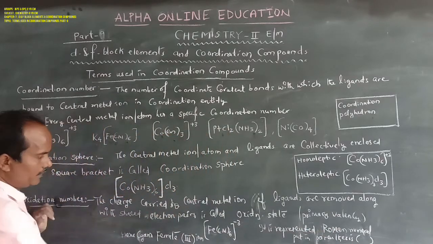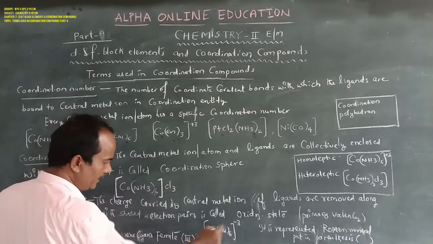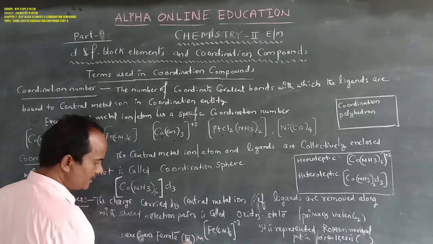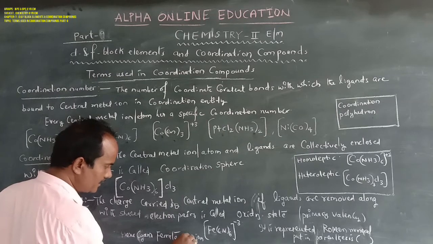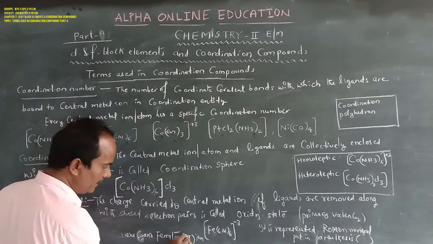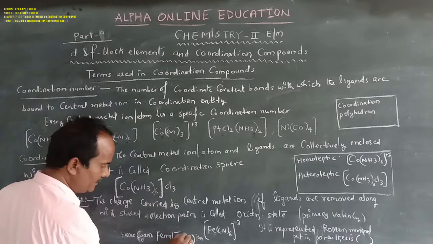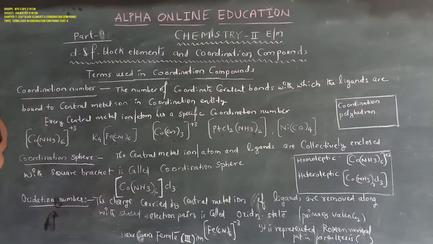For hexacyanoferrate 3 ion, the oxidation state of the central metal ion is written as a Roman numeral in parentheses. This is the oxidation number.